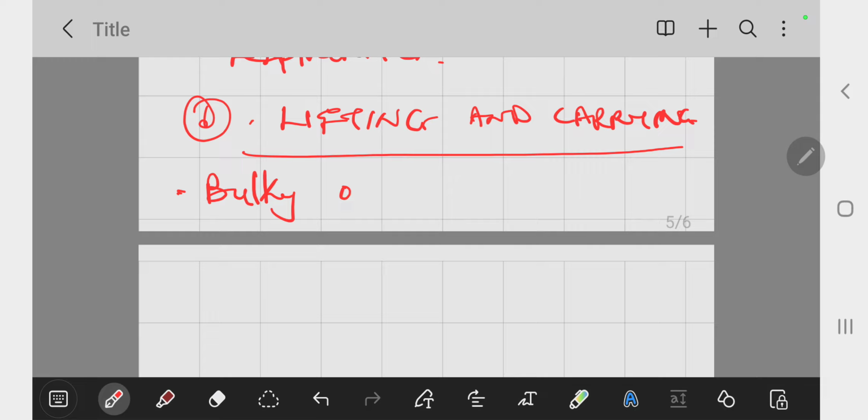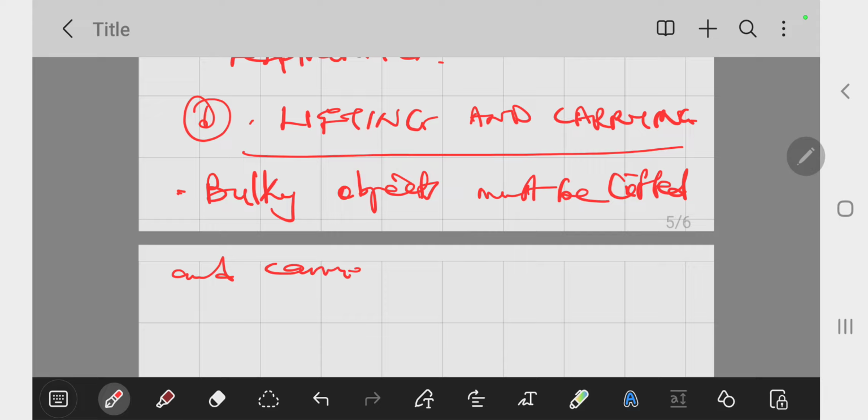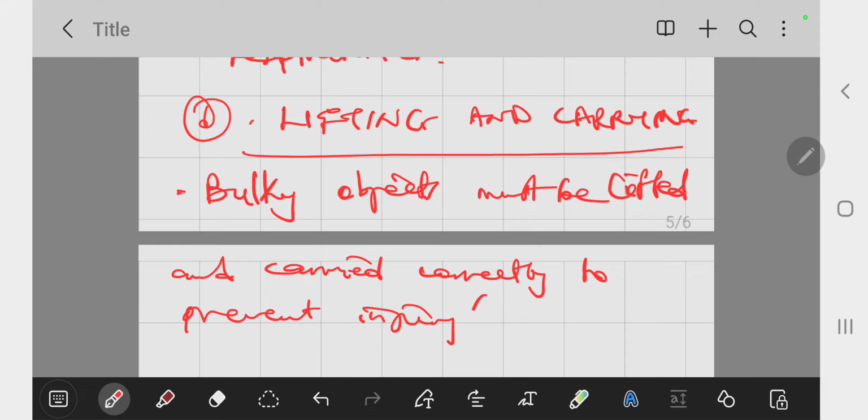Number one, bulky objects must be lifted and carried correctly to prevent injury, particularly to the back.